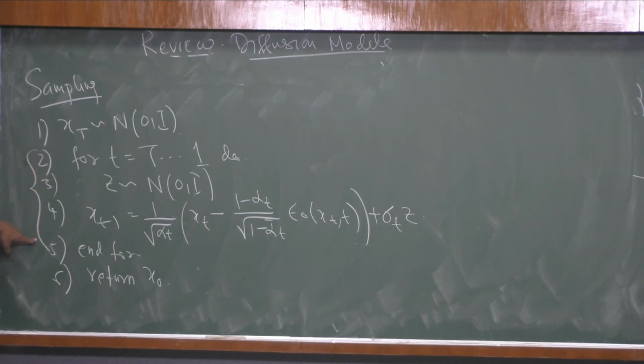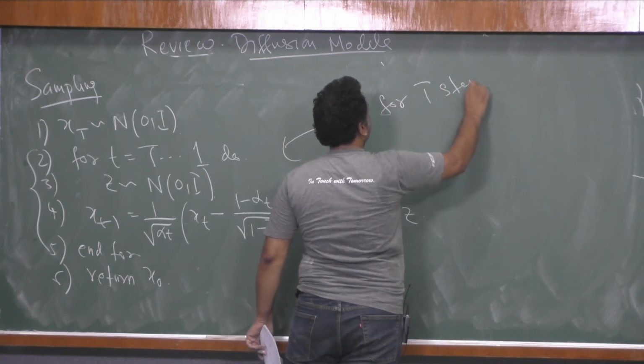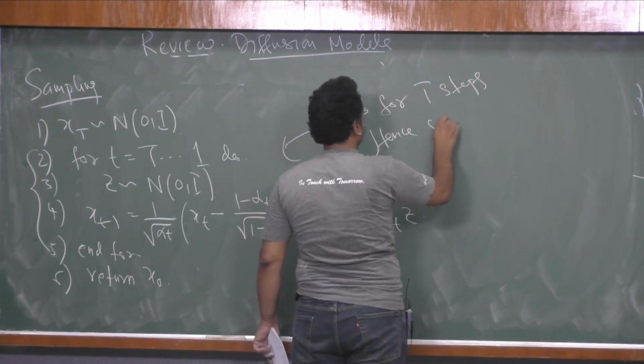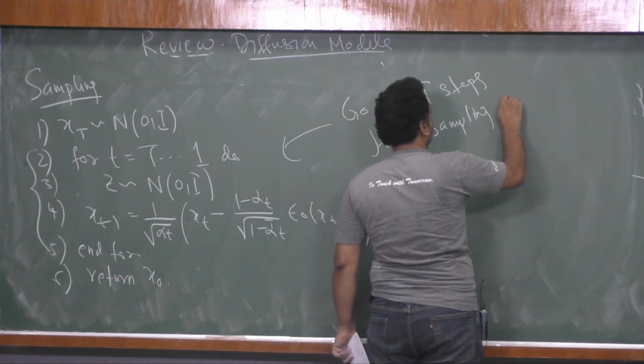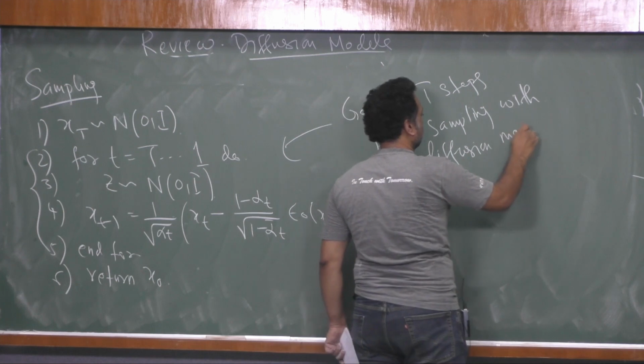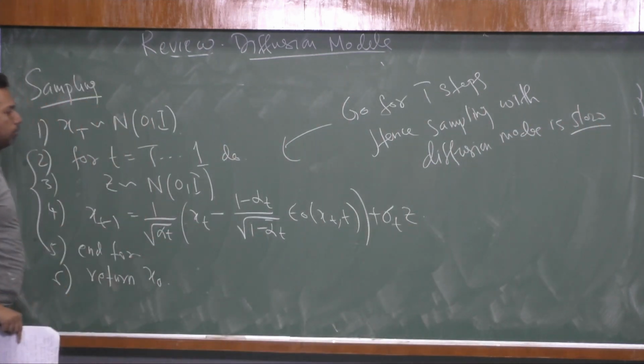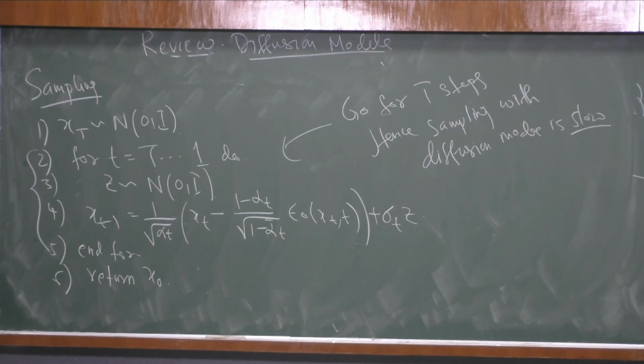Okay, and hence the sampling with diffusion models is slow. Compared to that, GANs still remain very competitive. When I have to generate images very quickly, then GANs are better. But in general, let us say if I have to generate very high quality images, then diffusion models are better.